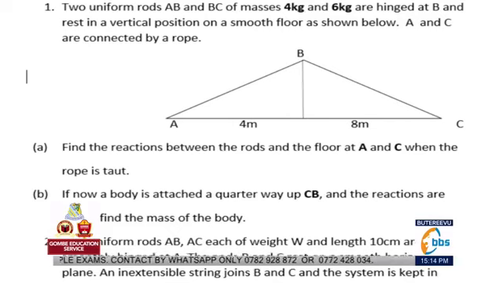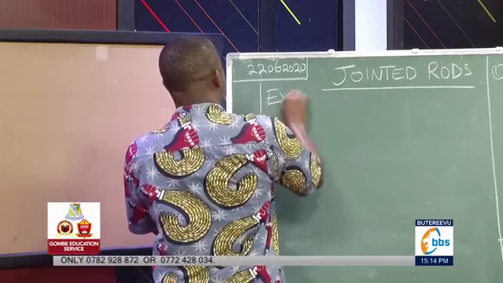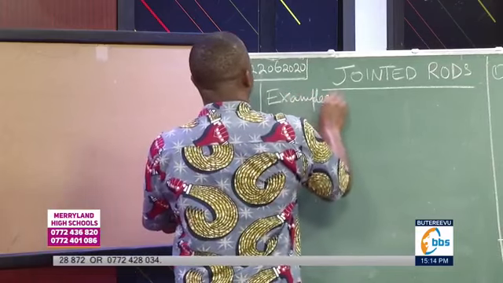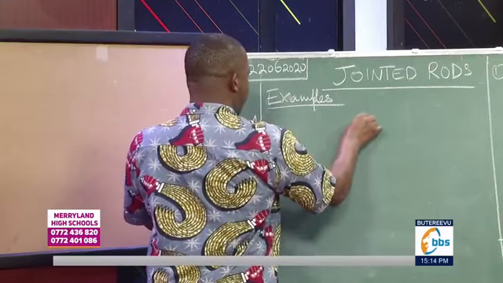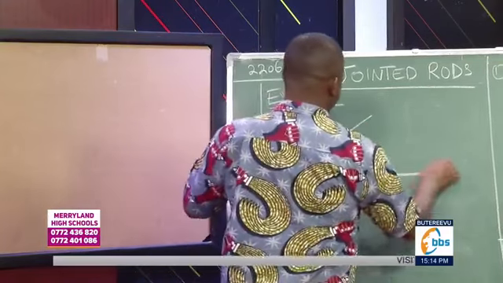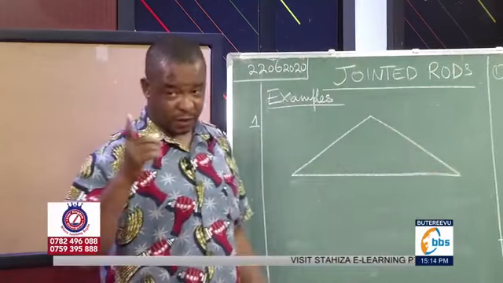Okay, question 1. Let us focus on question 1. We are looking at examples, and we have the first example right over there. Two important things that you need to take note of.